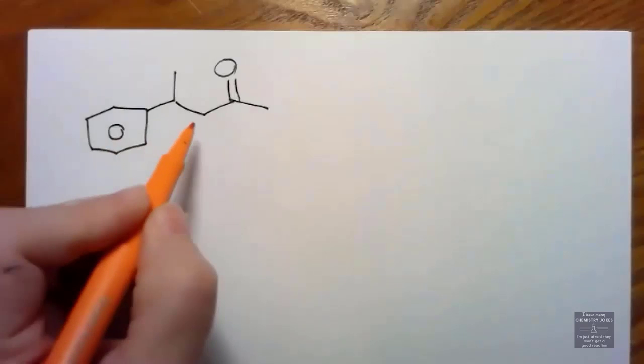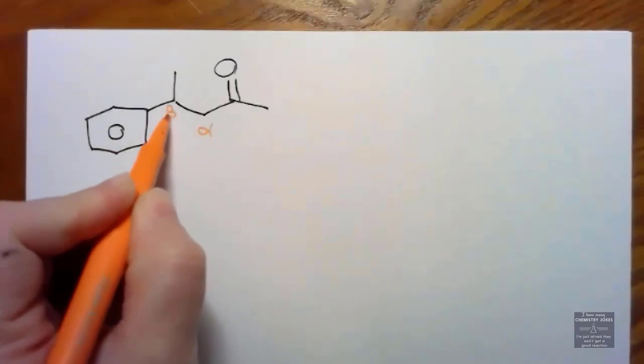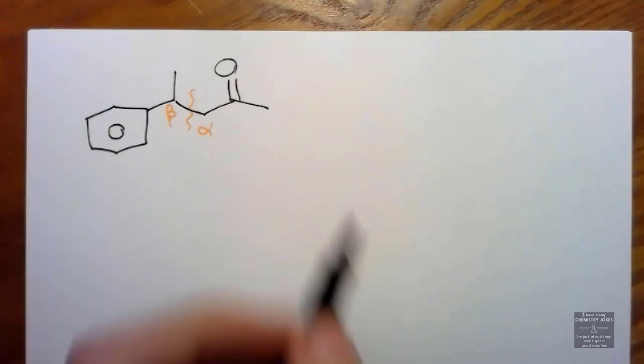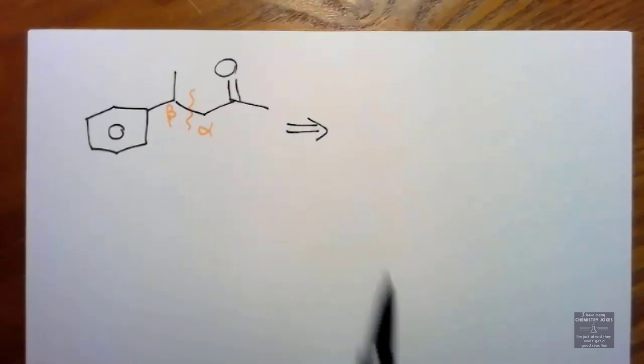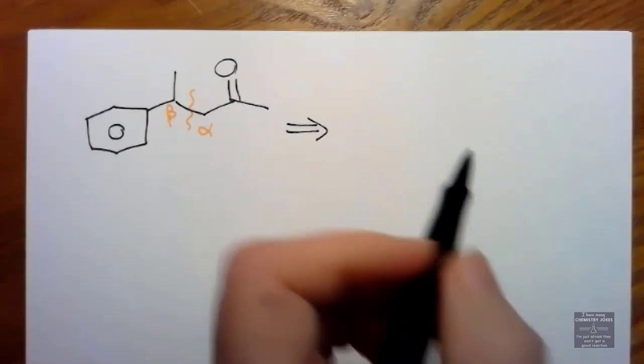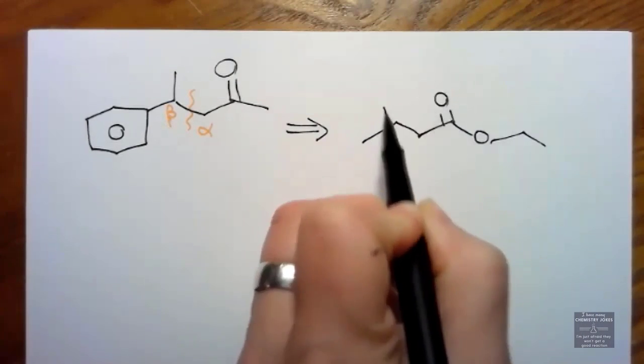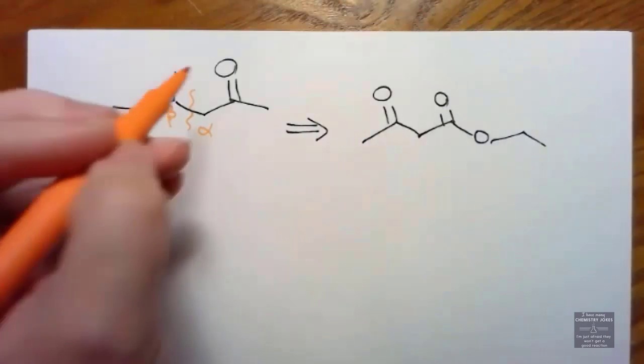As I pointed out on the slides, we're wanting to make an alpha beta bond. So there's only 1 alpha beta bond to be made here. Are we going to do acetoacetic or malonic ester? Acetoacetic, because we have a substituted acetone.